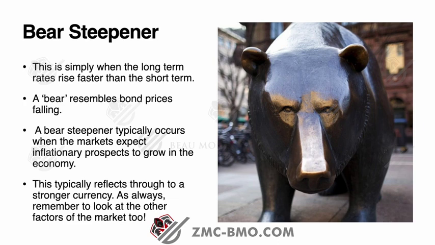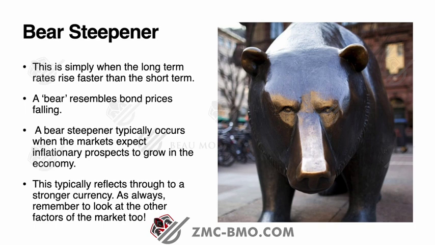And if you think, okay, well, we've seen a lot of great data in the US or the UK, for example, we're seeing a bit of a bear steepener. Well, that would likely indicate some inflationary pressures. That in itself gives the market an indication that maybe the central bank might need to raise rates soon. And markets would likely buy up the currency in that sort of environment.